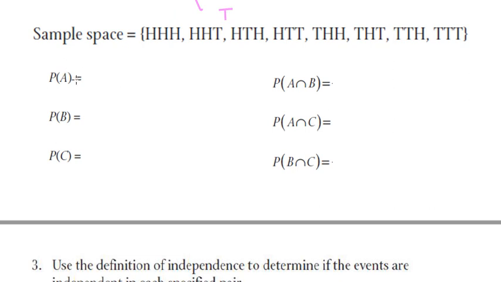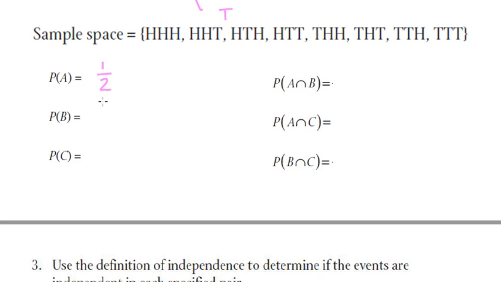So the probability of A, well, A is the first toss is heads. So the probability of A is going to be 1/2, or 4 out of 8, but 1/2. The probability of B says the second toss is heads. Well, the probability that the second toss is heads was 1, 2, 3, 4.